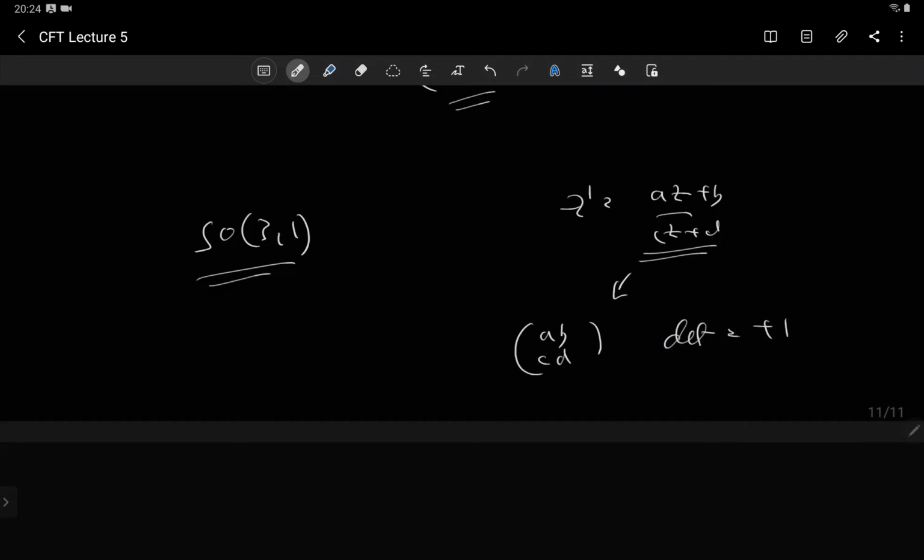Because all we are doing is matrix multiplication. So if you write it in this form, it is isomorphic to the group of 2 cross 2 complex matrices with determinant 1.